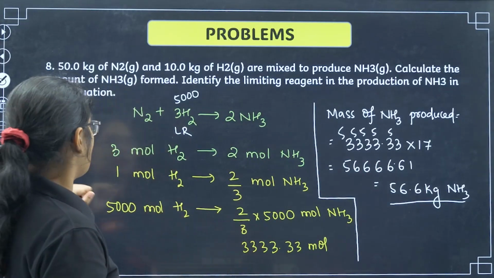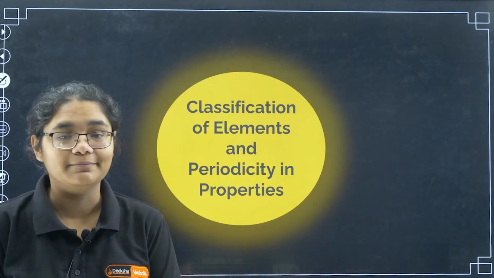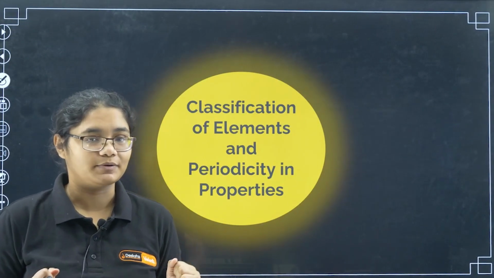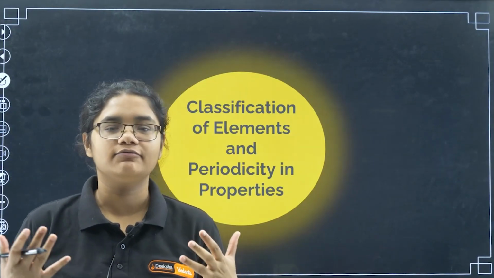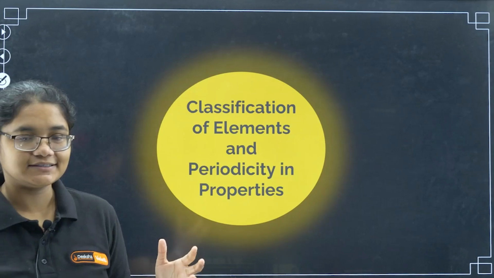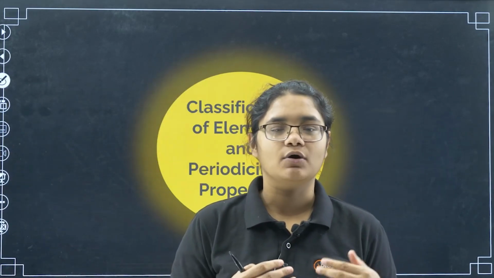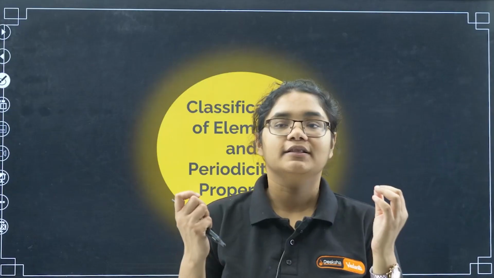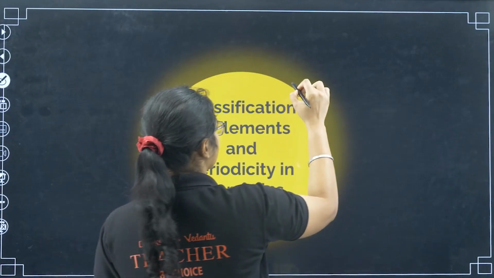Okay, so now we will be moving to the next chapter, that is classification of elements and periodicity in properties. Very simple chapter, you just have to remember the trends and the examples of different laws like Mendeleev's law, modern periodic law, then Dobereiner triads, and law of octaves. These four laws you should be revising. Let me write down the important topics.